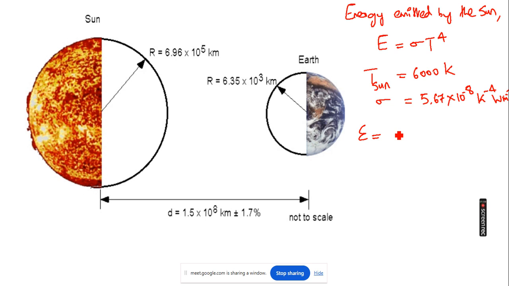The energy emitted by the Sun will be 5.67 into 10 raised to minus 8 into 6000 Kelvin raised to 4. How much are you getting?